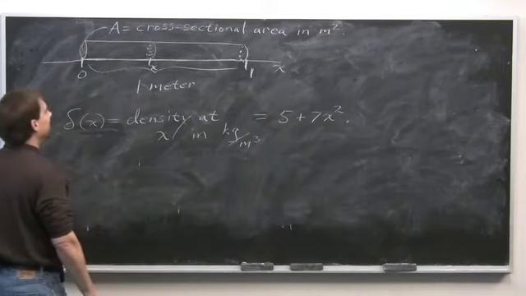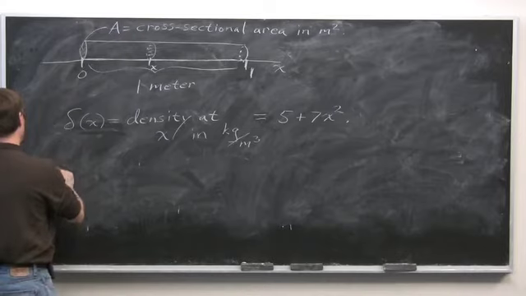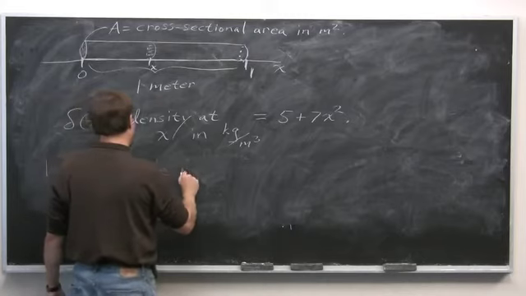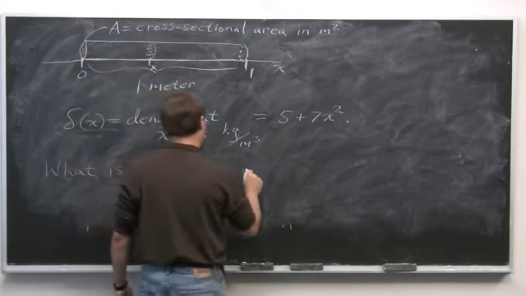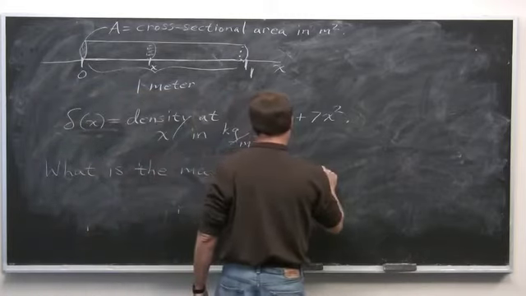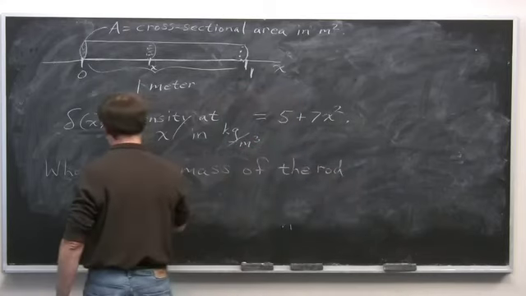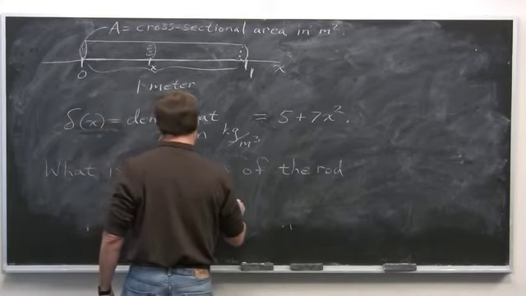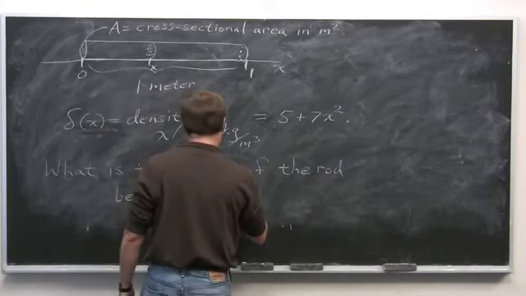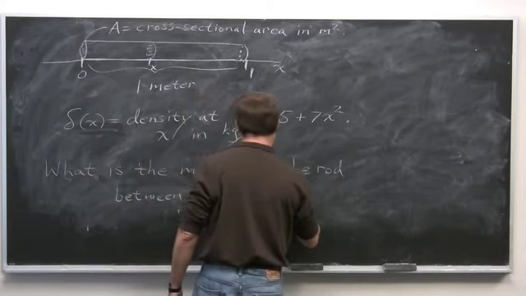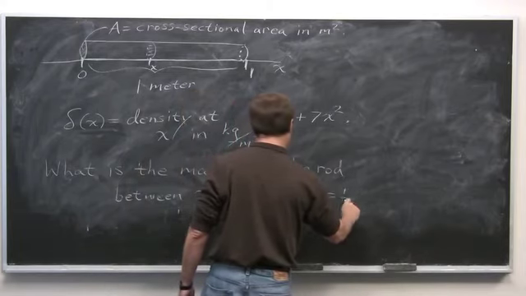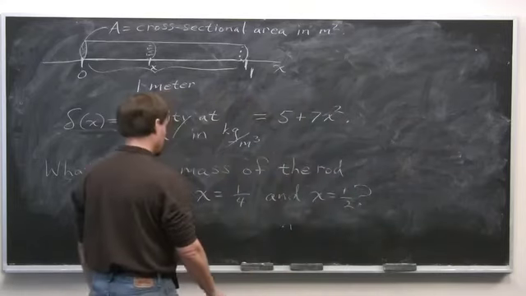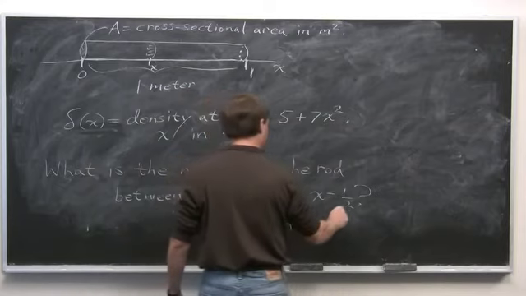And the question is, what is the mass of the rod between x equals a quarter and x equals a half? These are in meters, of course. A quarter of a meter, half a meter.